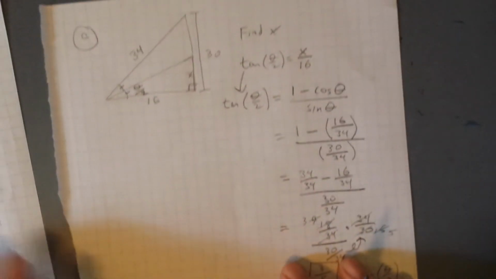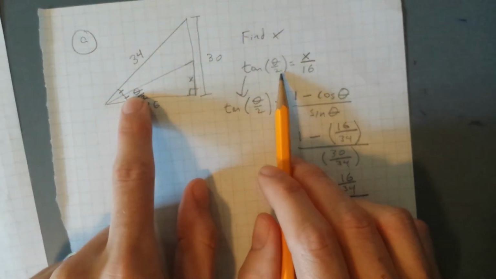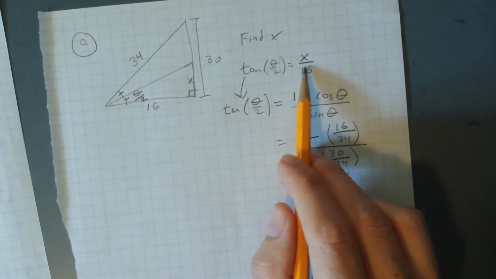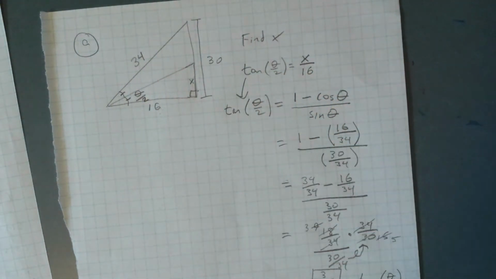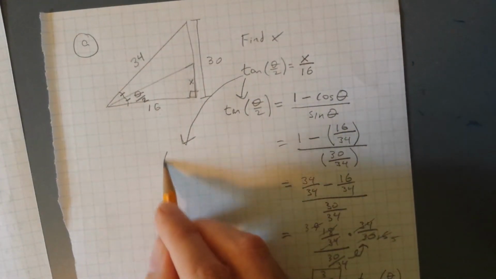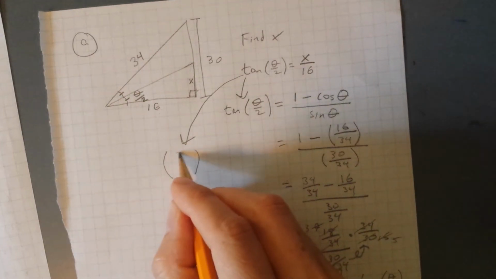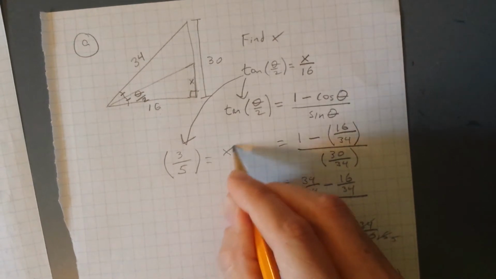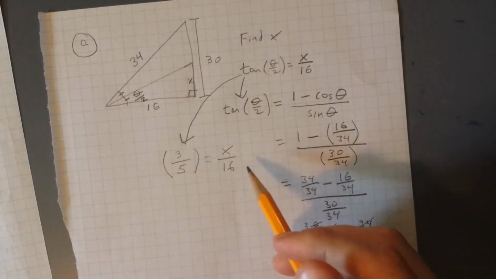So recall again this original equation we started with. Tangent of this angle equals opposite over adjacent. So now all we need to do is plug in the actual value for tangent that we just found. So I'm going to rewrite this equation, and instead of writing tangent of theta over 2, I'm going to put in the 3/5 that we just solved for. So 3/5 equals x over 16, and now solve for x.